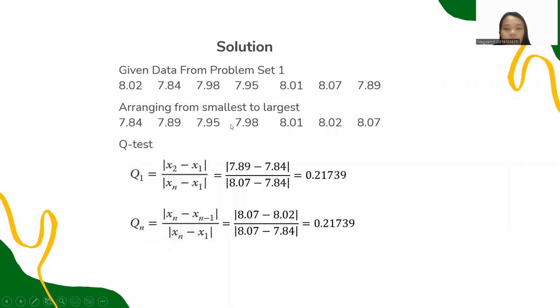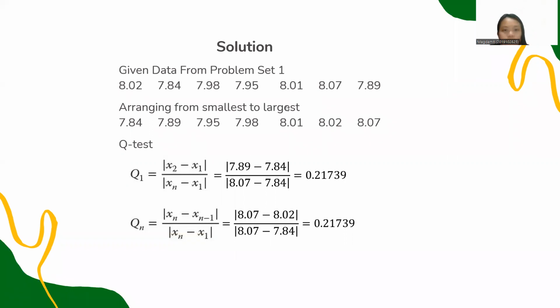For Qn, the last number is 8.07, while the second to the last number is 8.02, and our first number is 7.84. So evaluating these values in this equation, the value for Qn is 0.21739.